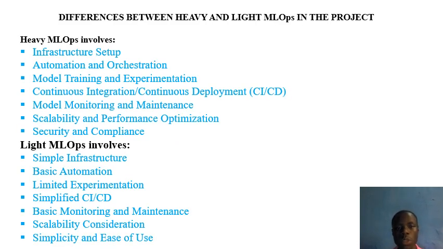The difference between heavy and light MLOps in our project. First of all, heavy MLOps involve comprehensive and sophisticated processes and tools to support the machine learning pipeline. While light MLOps are simpler and more streamlined approaches suitable for smaller projects and those with fewer resources.